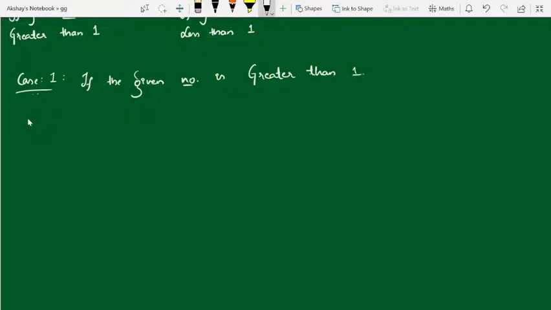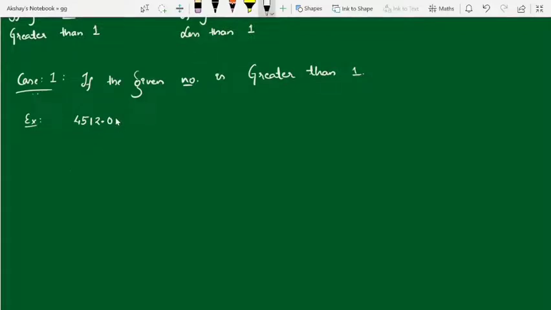Let me consider one example here. With the help of an example, we can understand this. Imagine that our number is something like 4512.02.